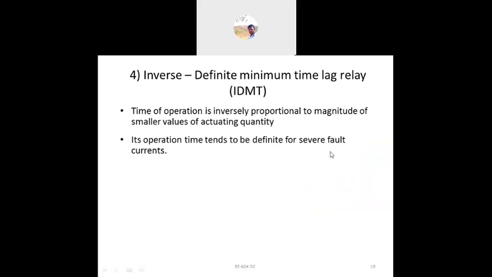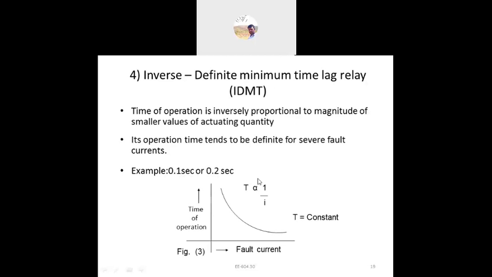The example here is 0.1 second, and in practice the time will be very small. It can operate in 0.005 seconds also. So you can see the time is inversely proportional to the current.